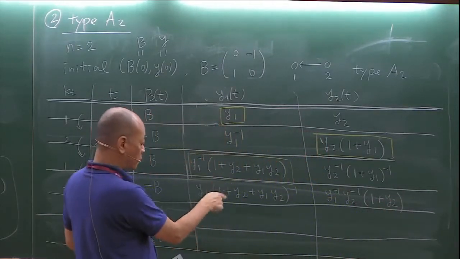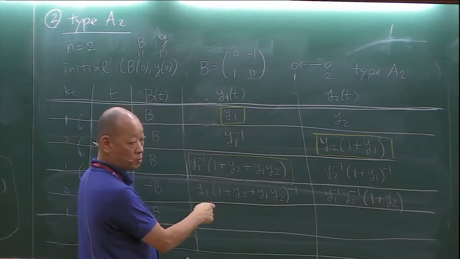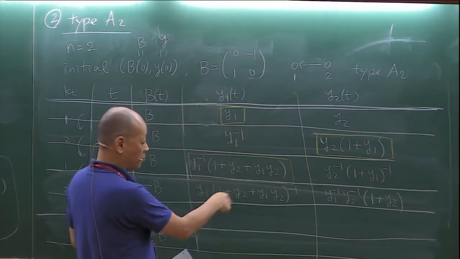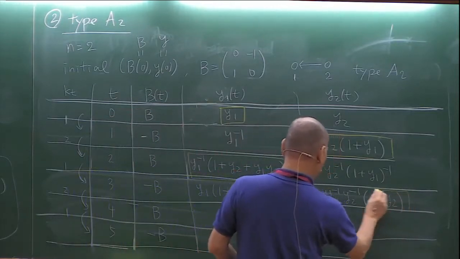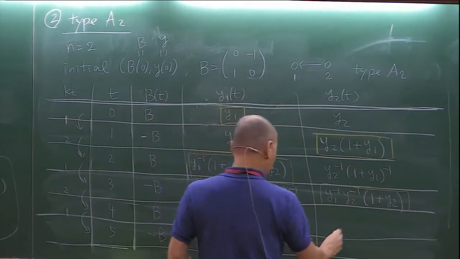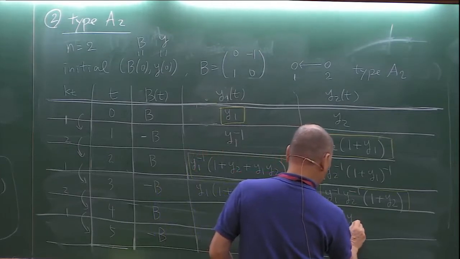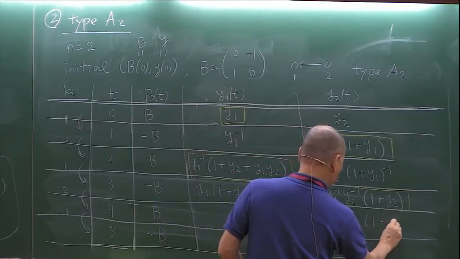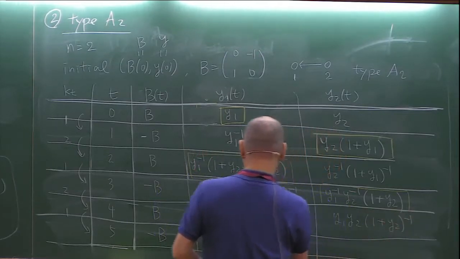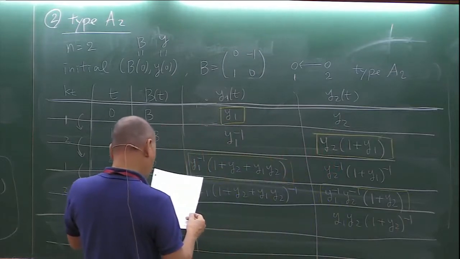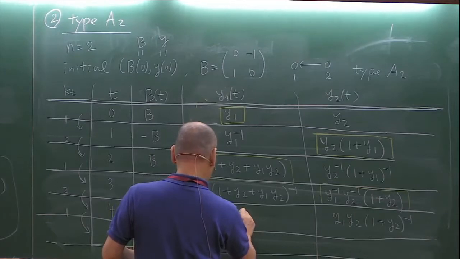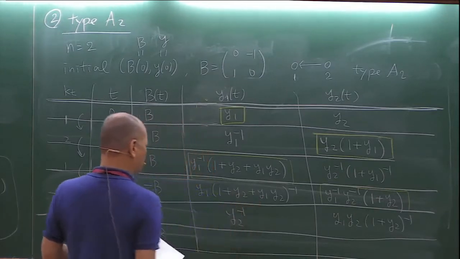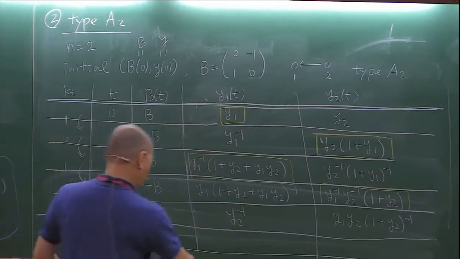It's not an x variable, so it's not a Laurent polynomial anymore, but it still has a simple form. And make a mutation here, you get y1, y2 inverse. Meanwhile, this factor becomes much simpler. This is a point which you may want to closely check.